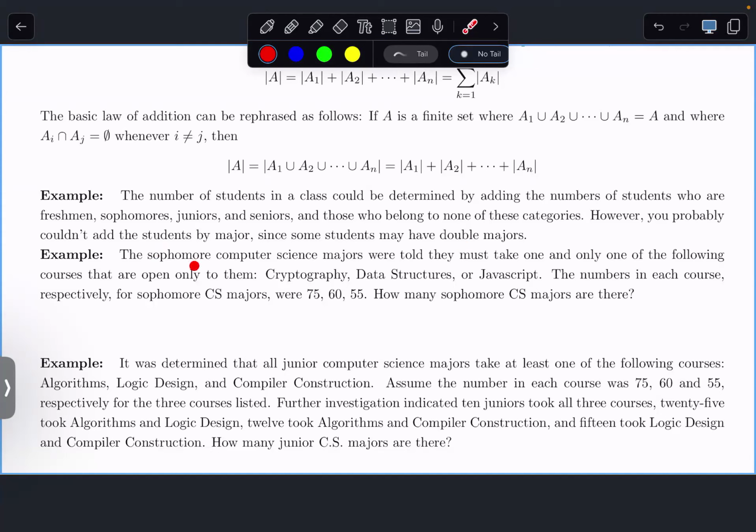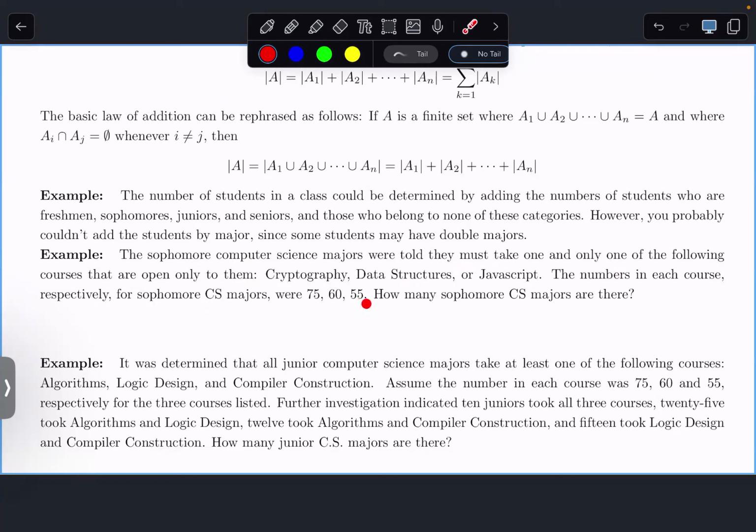For an example, the sophomore computer science majors were told they must take one and only one of the following courses that are open only to them: cryptography, data structures, and JavaScript. The numbers in each course, respectively, for sophomore computer science majors were 75, 60, and 55.